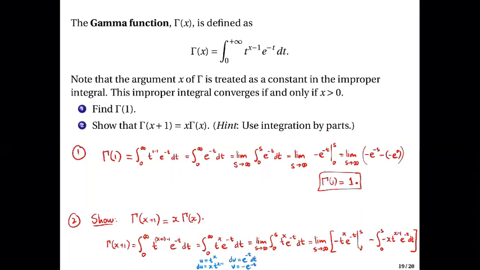So let me copy this part here. And then from here, we just need to solve the limit.